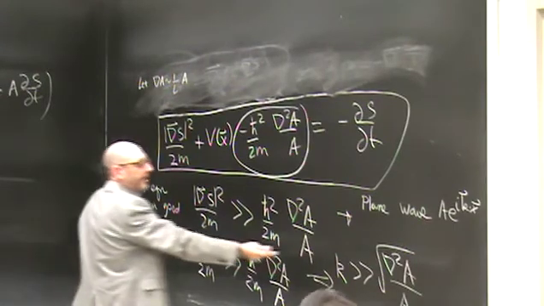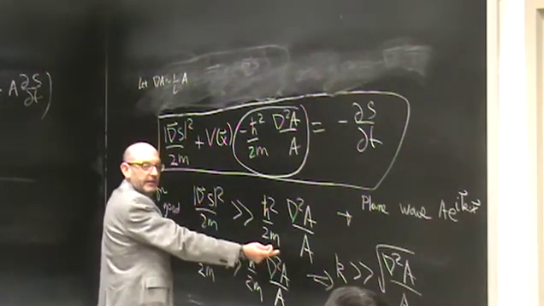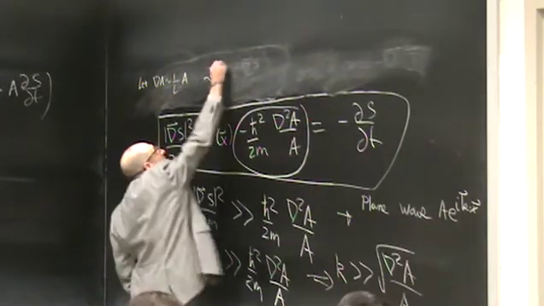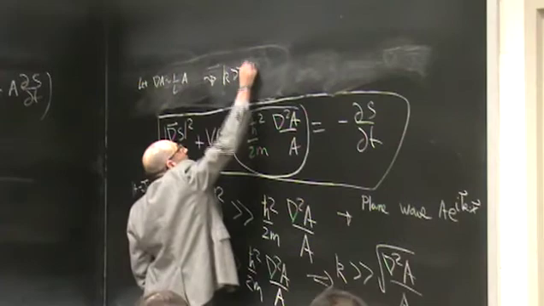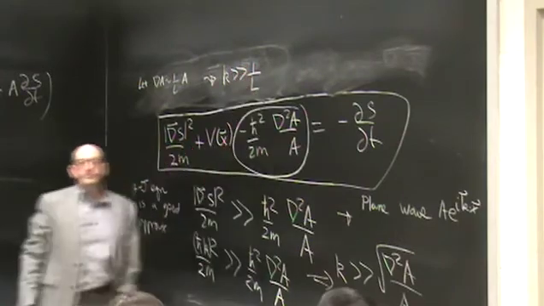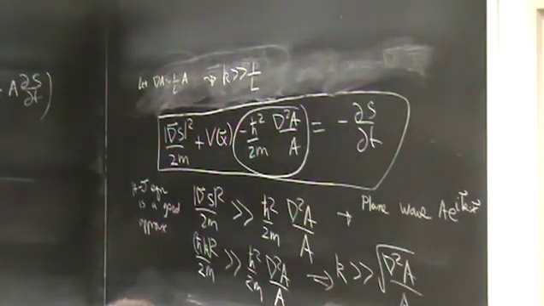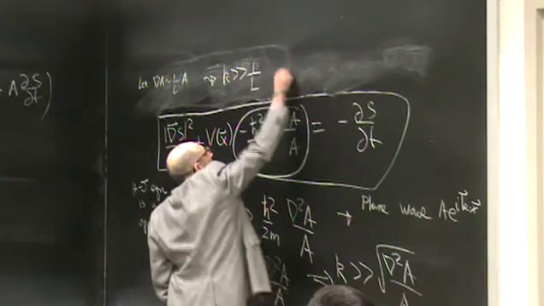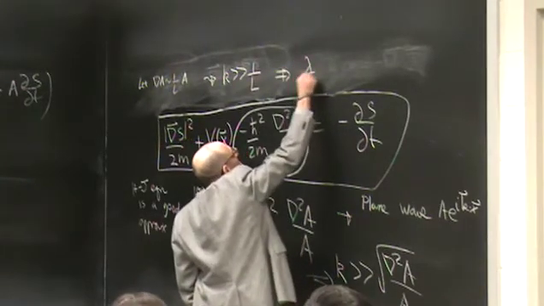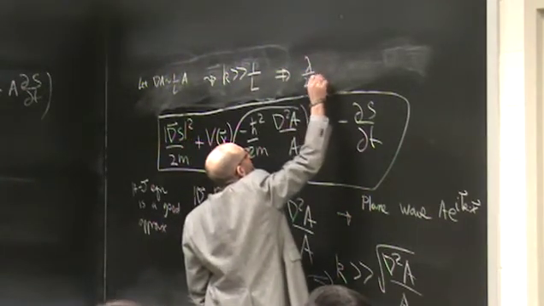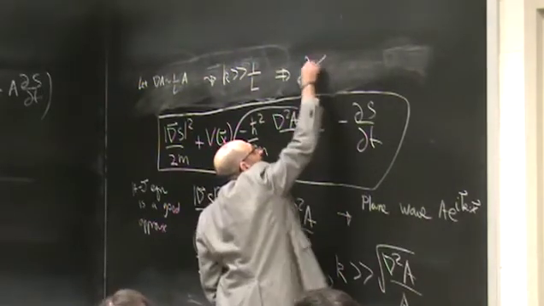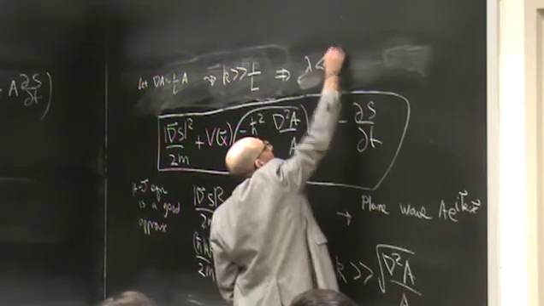Then this equation is basically saying that k is much, much bigger than 1 over that length scale. Which is to say that the wavelength over 2 pi, forget about the 2 pi because all this is very rough, is tiny compared to this one.